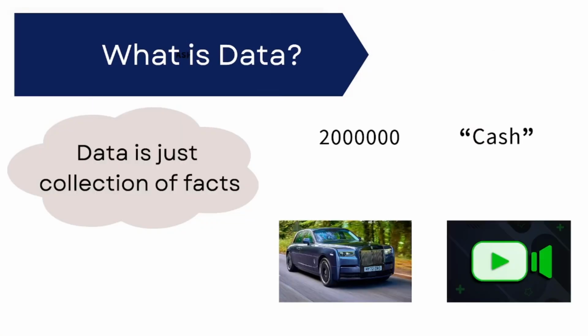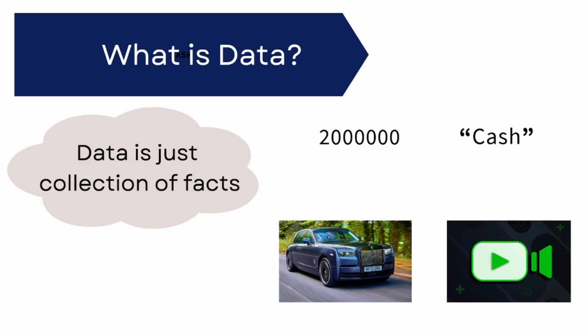So data is just a collection of facts. As we see here, data comes in many forms. When you work with numbers, it's just 2 million. When you work with statements, it's just cash, online, yes, no, etc. So data can be presented in the form of numbers, can be presented in the form of text.